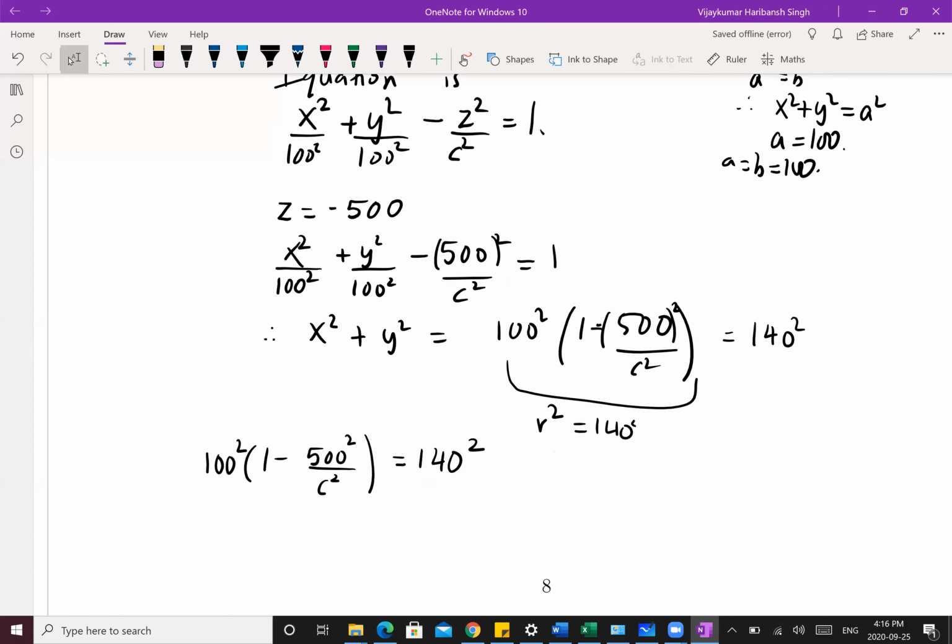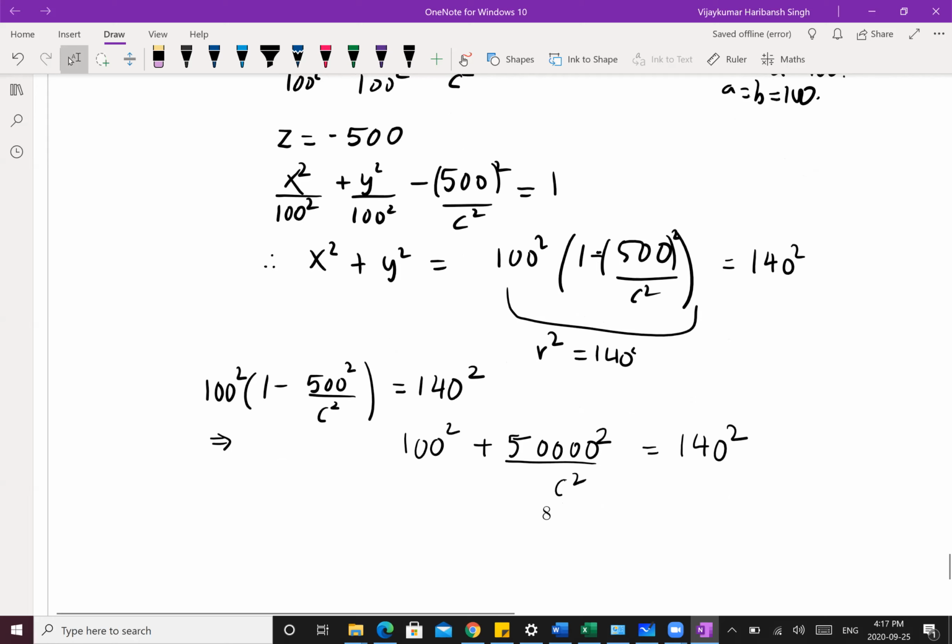If we do the calculation, this gives us 100 squared plus 50,000 squared by c squared equals 140 squared.